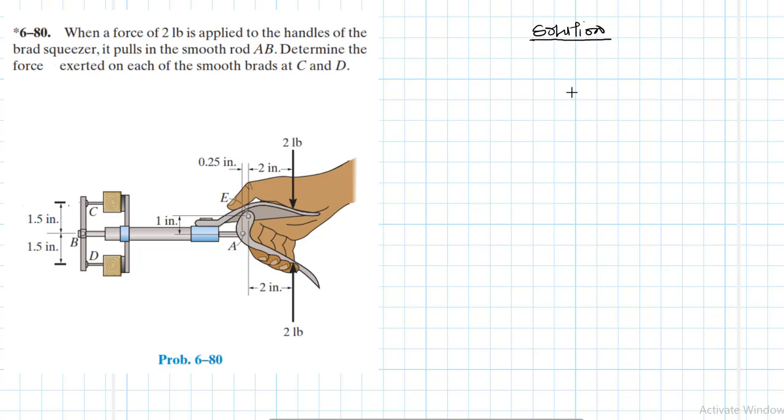I solved this earlier, so I was just trying to resolve it by writing the diagram. What we're going to do is dismantle the members of interest that we think are going to give us the solution, so that we find the force on C and D. So the assumptions: pins at A, B, and E. Then we are assuming a rigid bar.